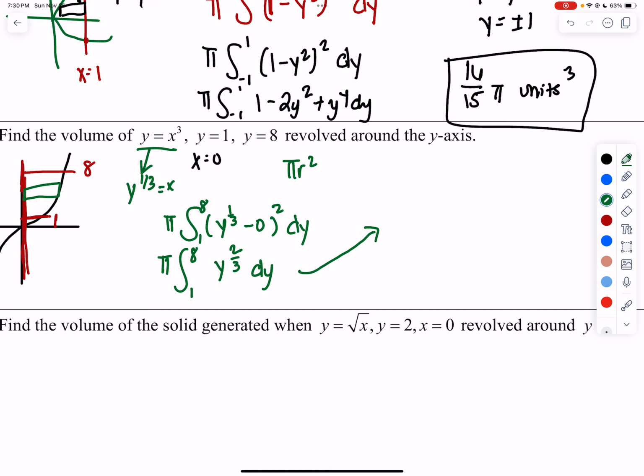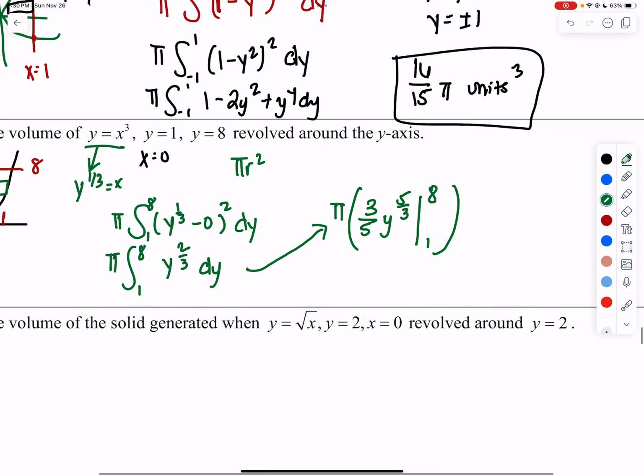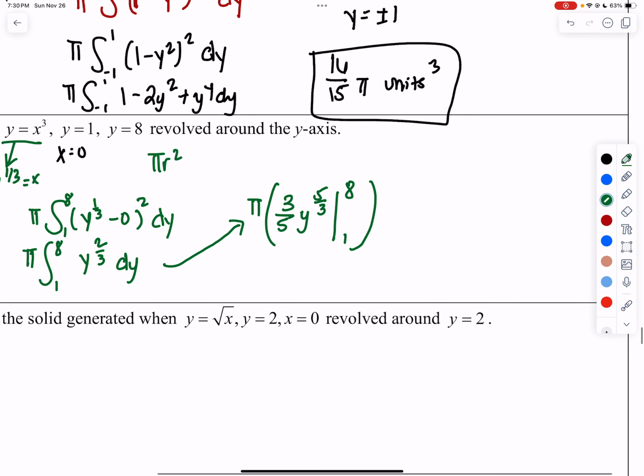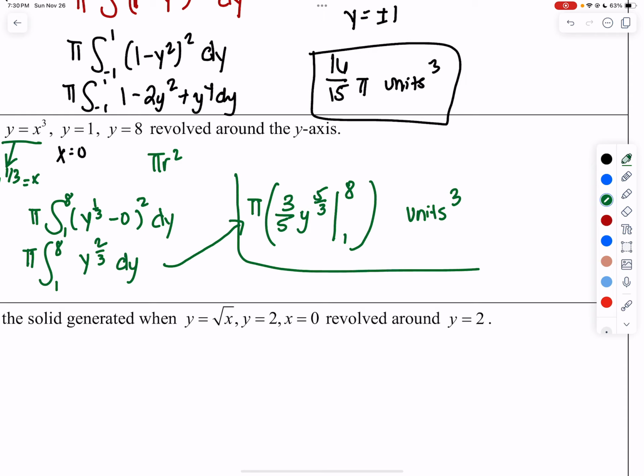So you're going to get 3/5 from 1 to 8, then pi. So whatever that is, evaluate it, and then call it a day. Whatever it is, units cubed.